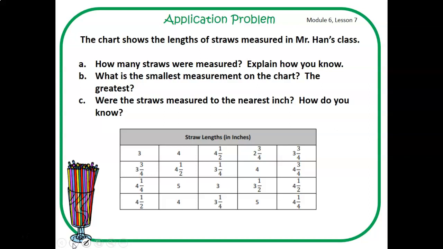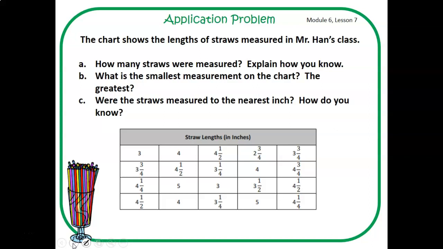I've got to find the biggest number to know how many were measured. If I said 3 were measured, would I be right? No, because if I said there were only 3, you see here, there's 4, 4.5, and there's 5. So we know we have to have at least 5.